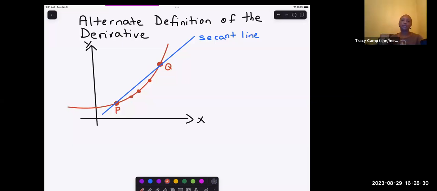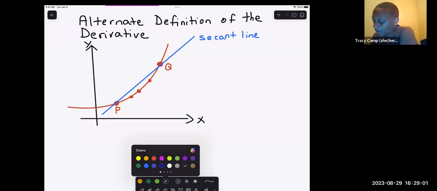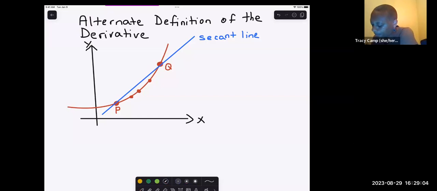The only difference between this definition and the other definition I talked about is really how the ordered pairs are named. The ordered pair for P, we just refer to as A, f of a.